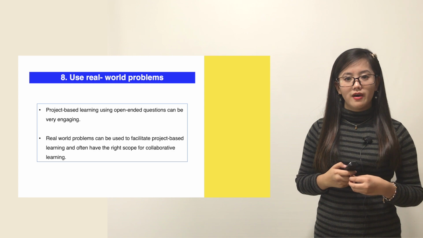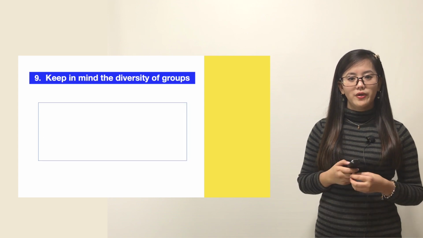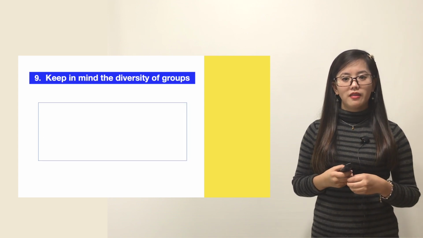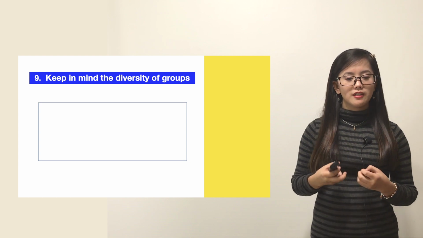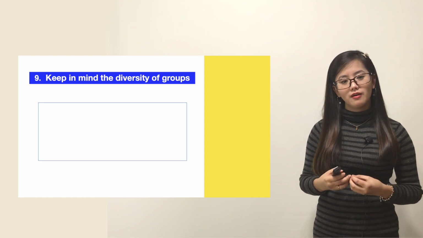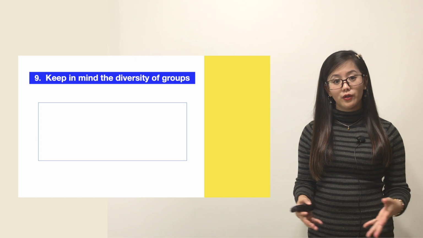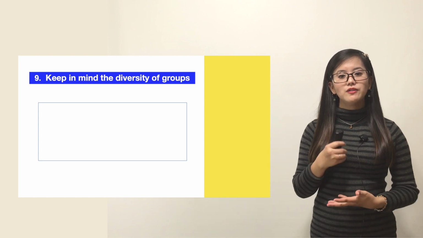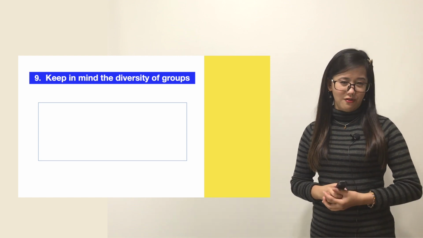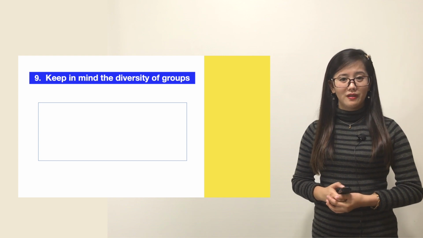Another is that we have to keep in mind that diversity is a part in making a group. Okay, so we have to keep in mind the diversity of the group.